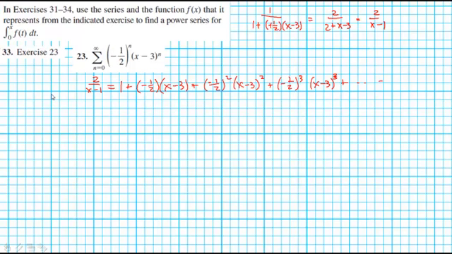Now the question is, what happens if we take the antiderivative of both sides in this form, the antiderivative from 0 to x of f of t dt? Well, let's write that out.